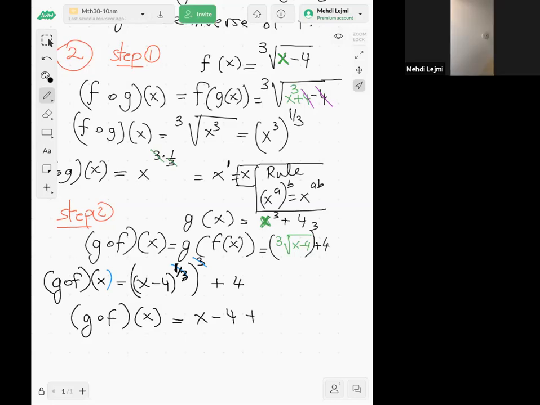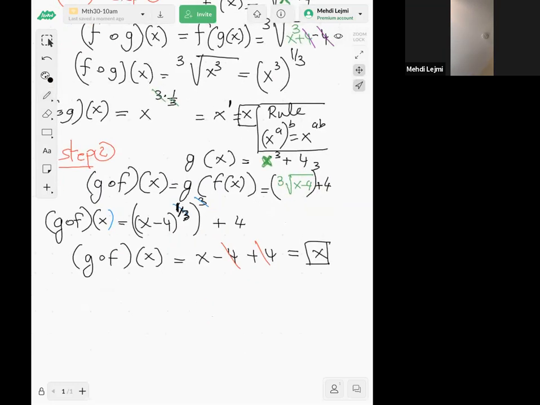And then there's plus 4, and this 4 here cancels out, so it's just equal to x. Okay, so I got x in both cases, both steps. So of course, then the conclusion. Again, g of x, g is the inverse of f of x.